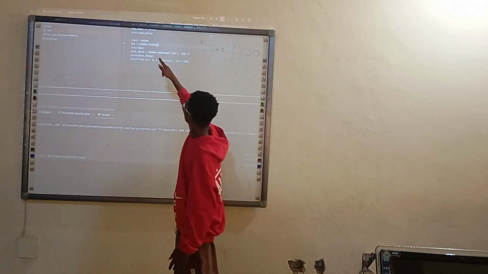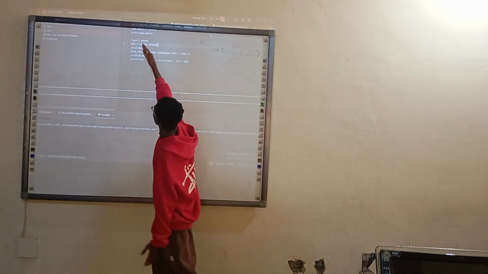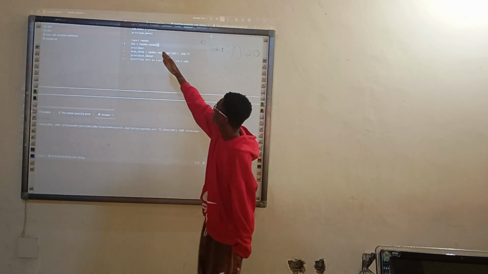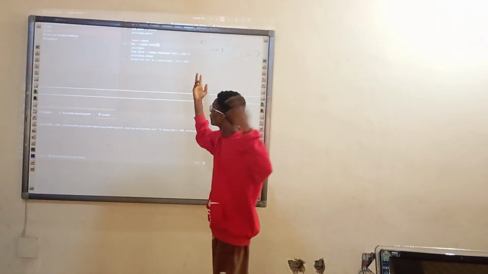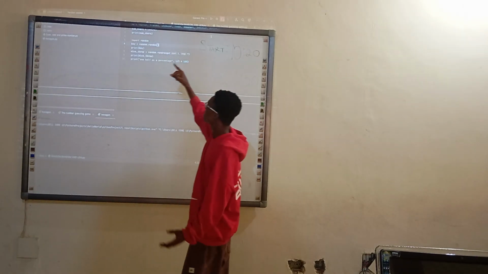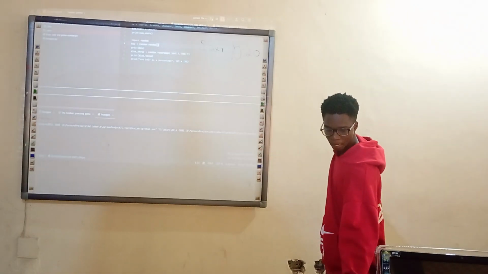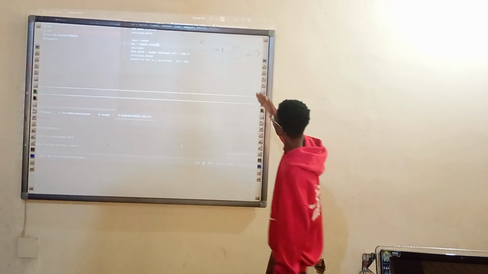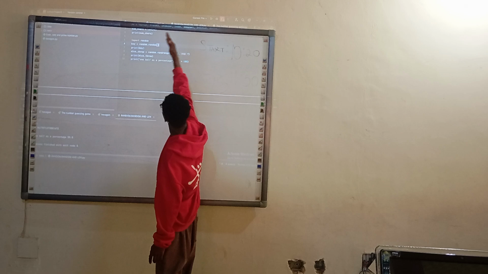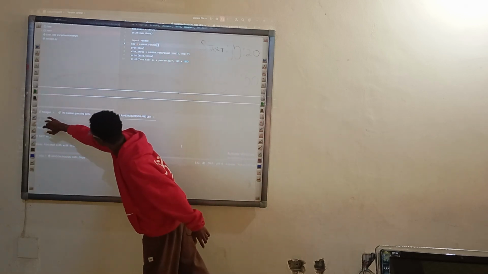So numchar is equal to the length of RB. This means we want to find the number of characters in the variable RB. When we print numchar, this code prints the total number of characters, which is 61. That means if you count everything here, including the spaces, you get 61.